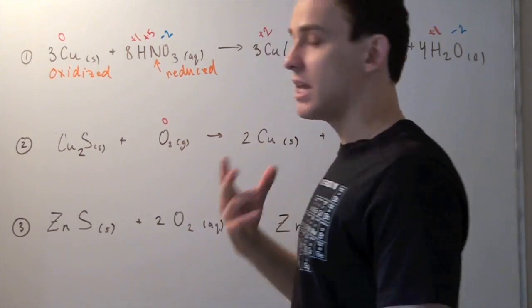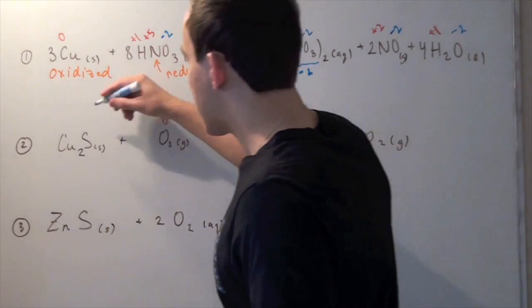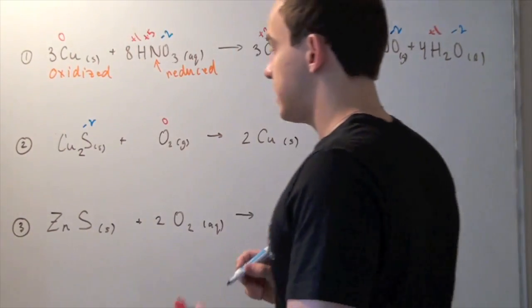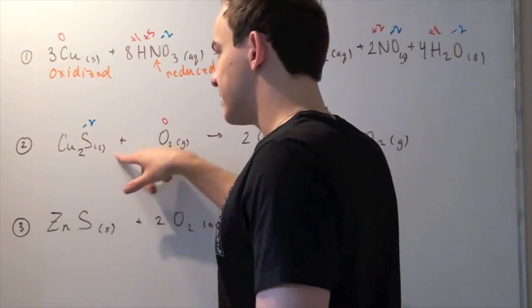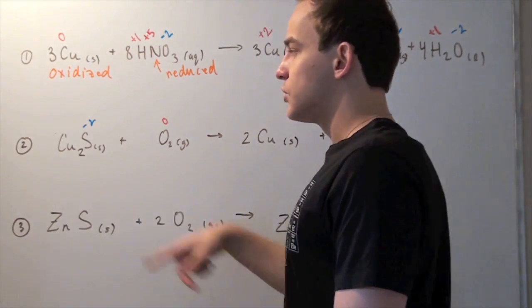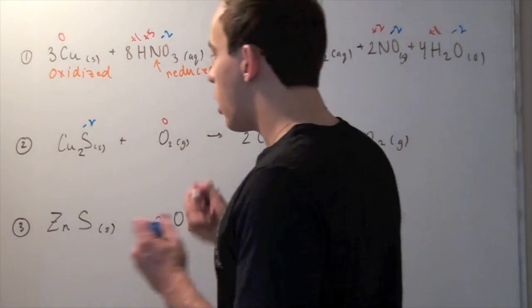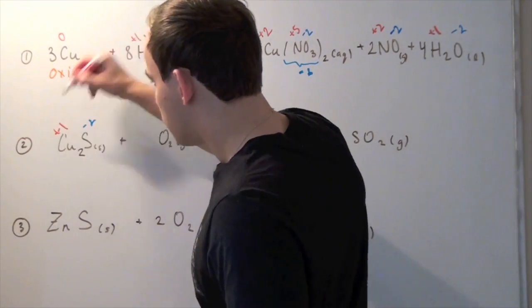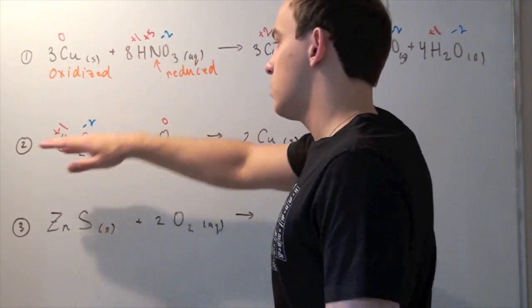Now, sulfur is in the same group as oxygen, and that means it gets a -2 charge. Now, to balance this, because this entire molecule is neutral, a charge of 0, our copper must be a +1, because we have 2 coppers. Let's check. 2 times 1, 2, minus 2, 0, works.